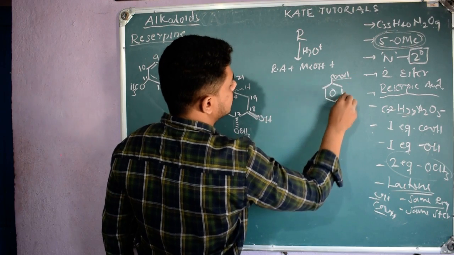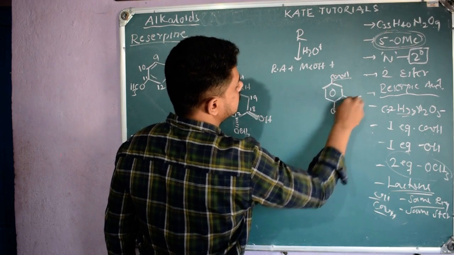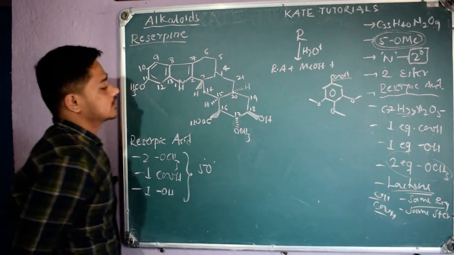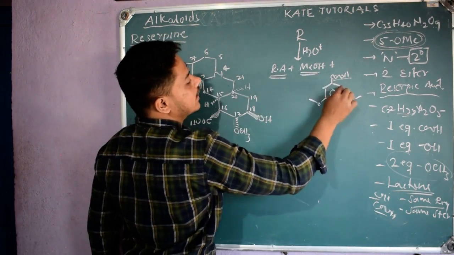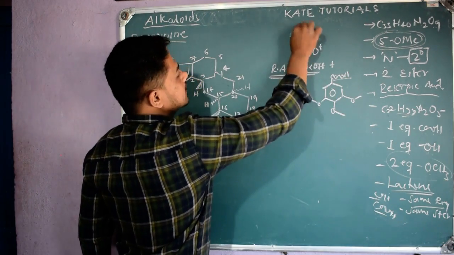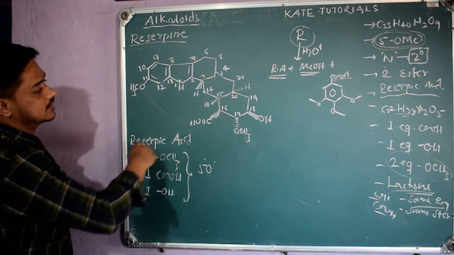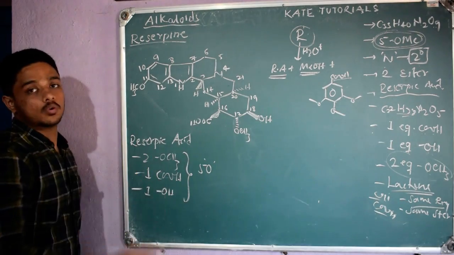COOH was here, para position OCH3, adjacent OCH3, and here both are adjacent. So if I combine all of these, reserpic acid, methanol, and this acid, I will get the structure of reserpine. I hope you understood it.